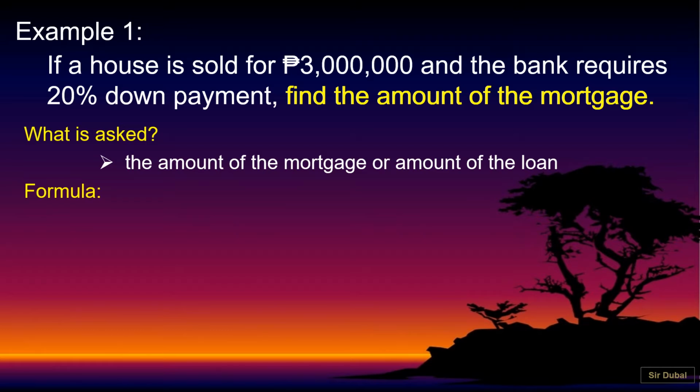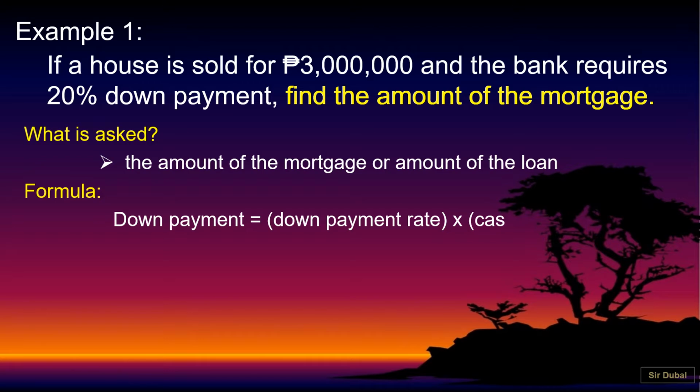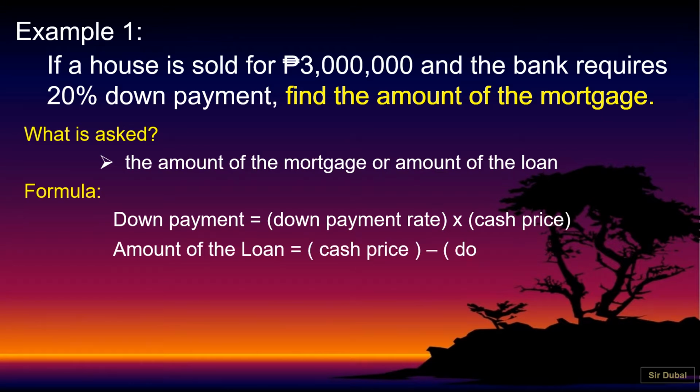There are only two formulas that we can use. The down payment equals the down payment rate times the cash price. The other one is the amount of the loan, which is what we are looking for, which equals the cash price minus the down payment.